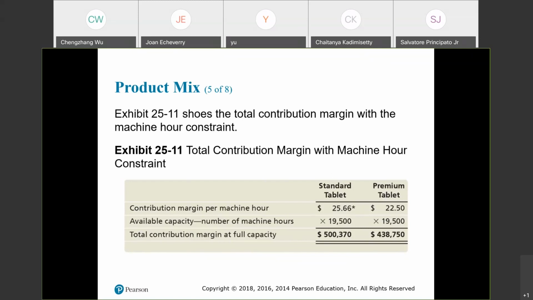Multiplying the contribution margin per machine hour by the available number of machine hours shows the company can earn $500,370 instead of earning $438,750.